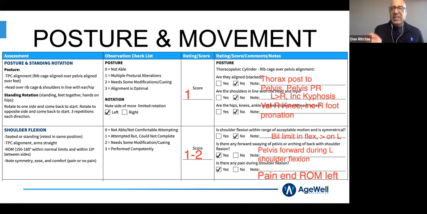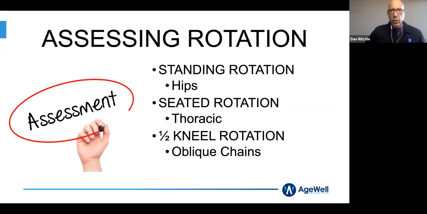We're going to get more specific about rotation and look more at trunk and spine rotation in this webinar. So our three assessments for this webinar: standing rotation, which you're familiar with, we'll review that. Seated rotation, which I'll introduce you to, what we're looking for and what optimal and suboptimal strategies look like. And then the half kneel rotation, which is really a cool way to look at the overall range of motion in the oblique, the anterior and posterior oblique chains.